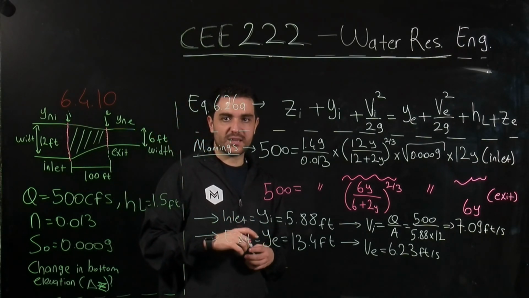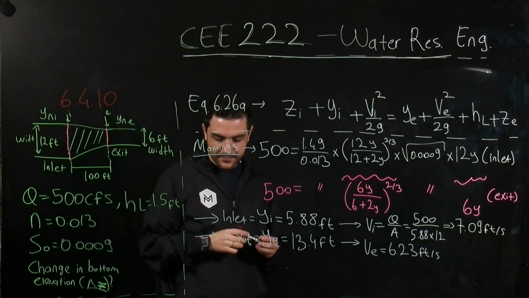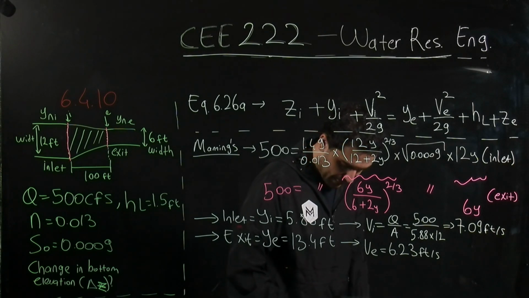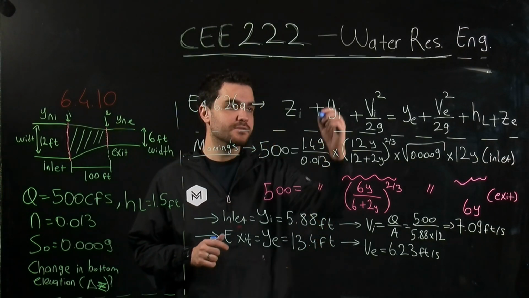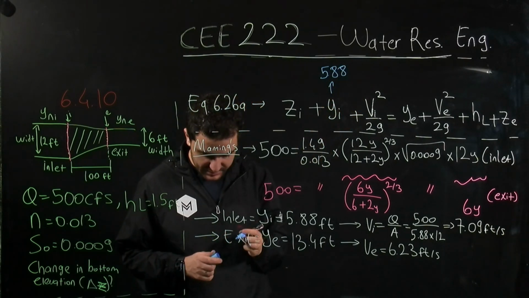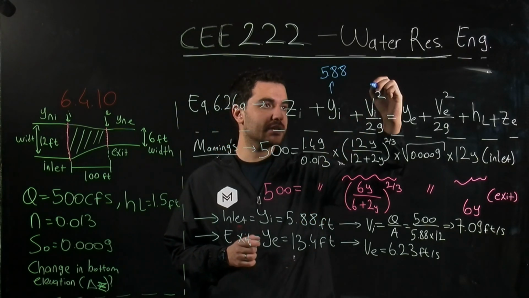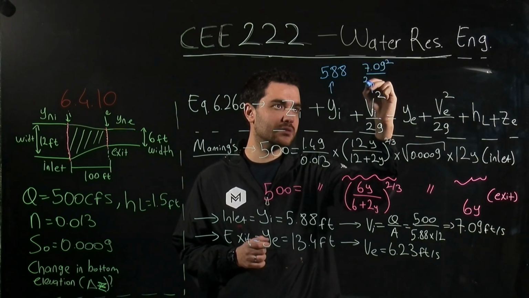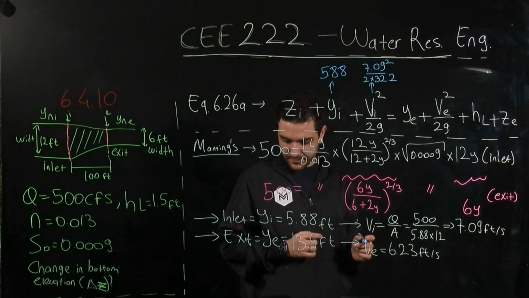We can now consider using this energy balance equation. Let's write what we know. First of all, we know the depth is 5.88 feet. Here we also know the velocity head is 7.09 squared over the gravitational acceleration.